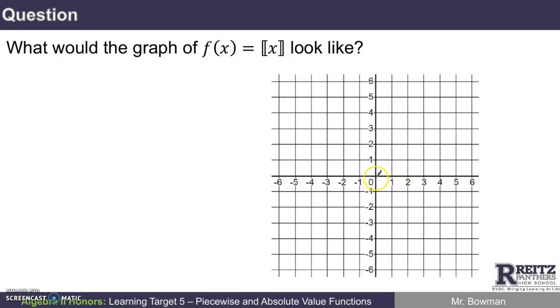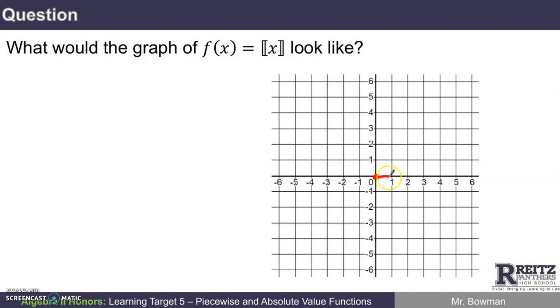Do you agree with that? The greatest integer that's less than any number between 0 and 1 is 0. So I need y equals 0 for all of these values. And I got to decide what the endpoints look like. What would the greatest integer output value be for 0? It'd be 0 itself, wouldn't it?